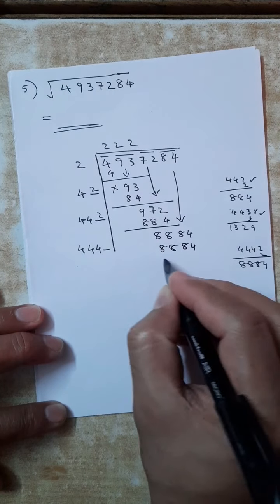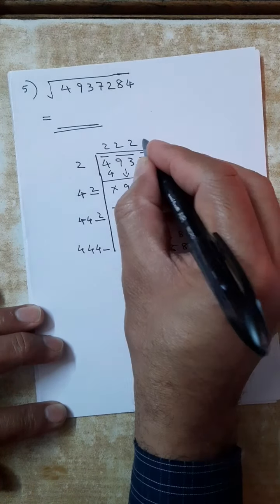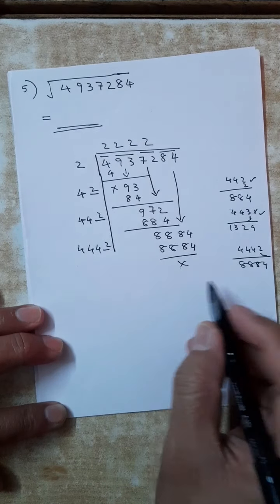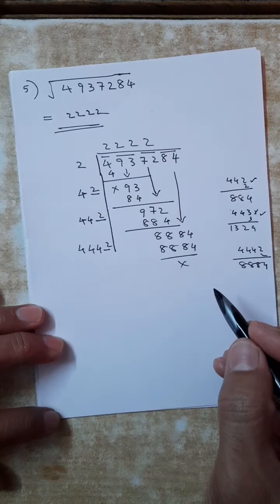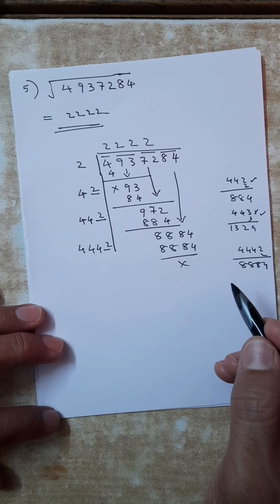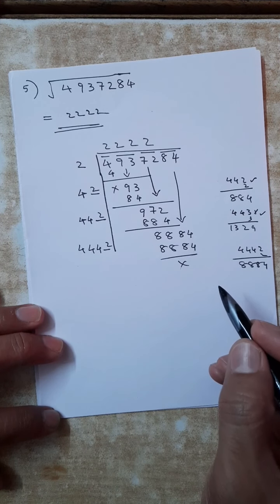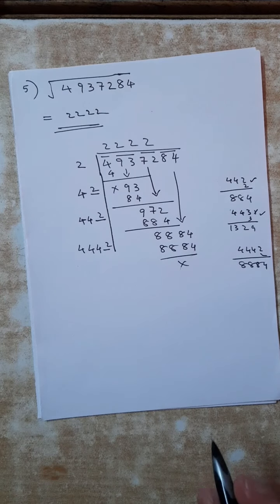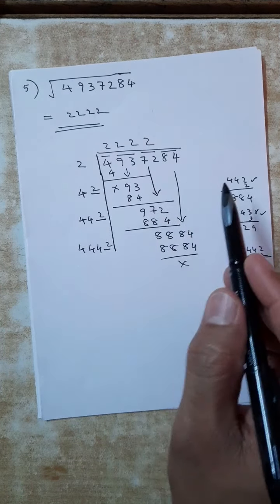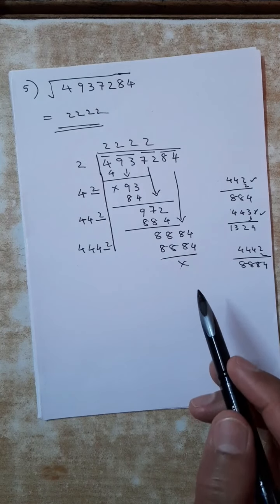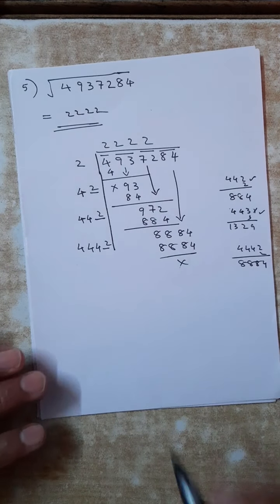So the answer is 2222. Hope it is clear. So if it is a small number or a big number, our procedure is exactly the same.